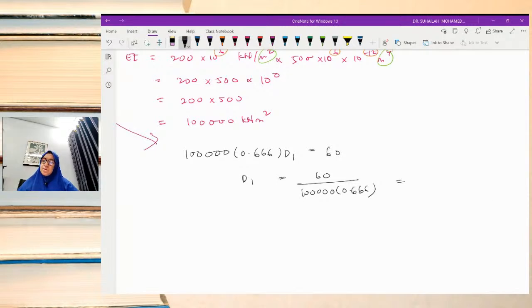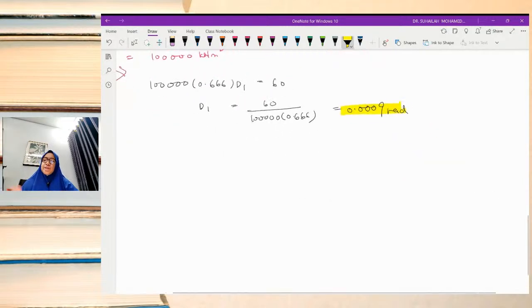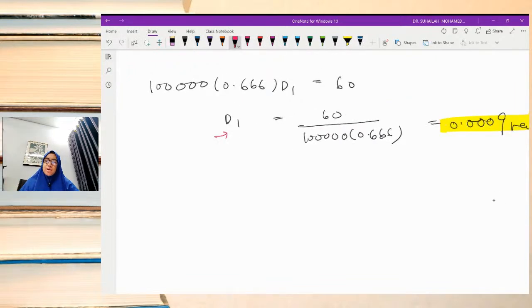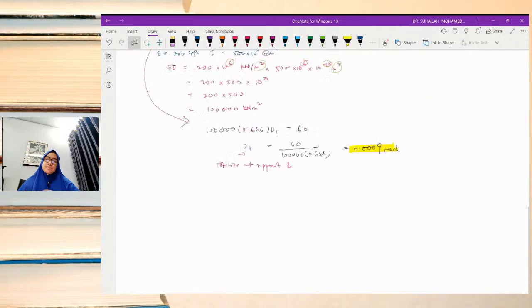So it is 0.0009. This is in radian, so this is the rotation. D1 means the rotation at support B.